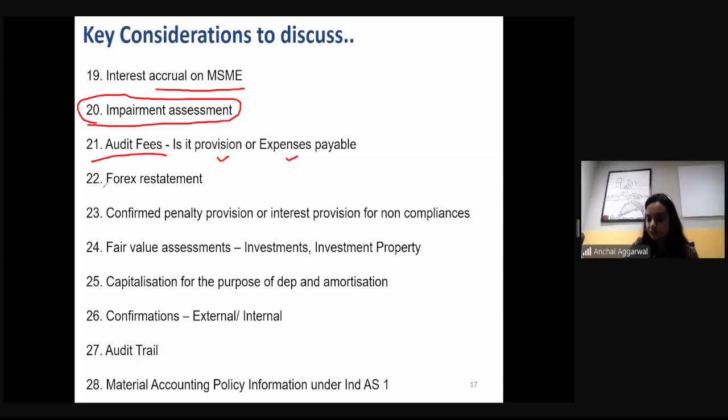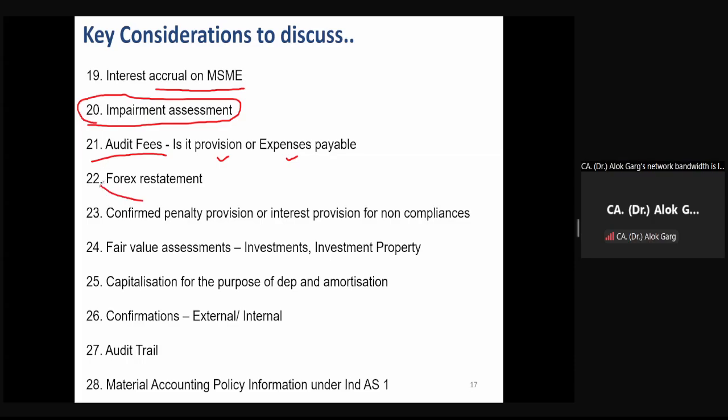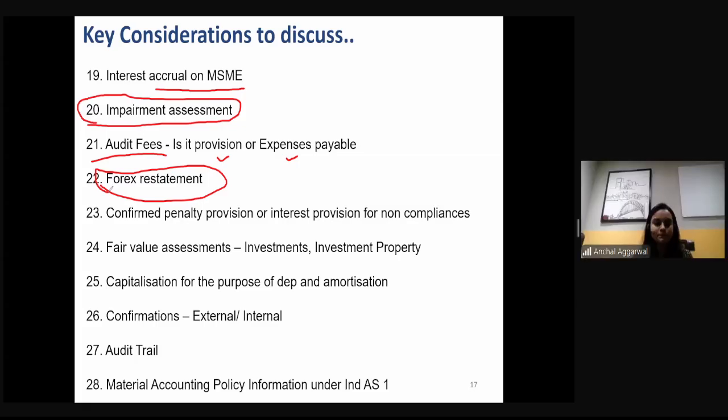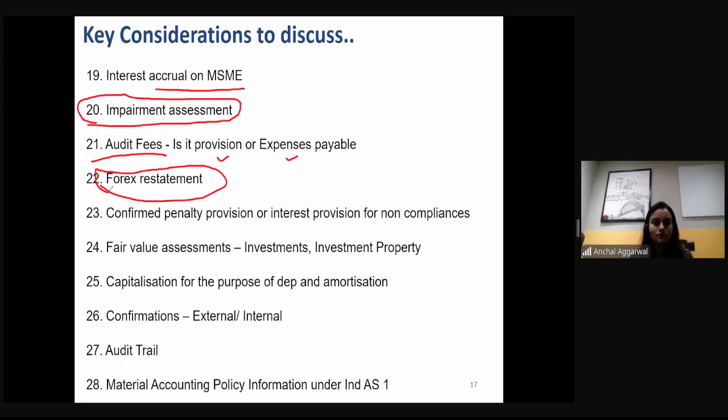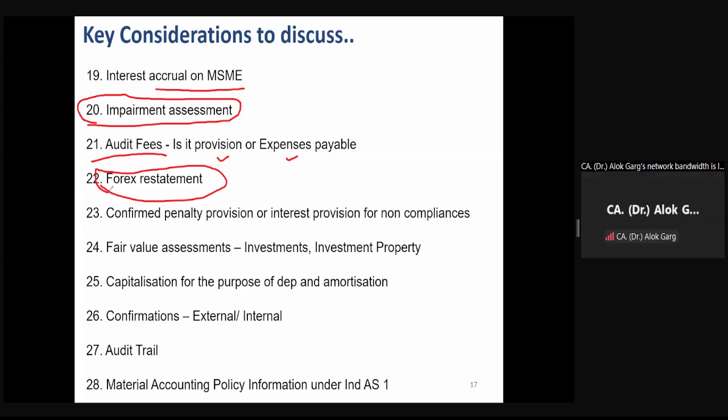Forex restatement. Friends, if your client or the entity is dealing in forex, I mean the company is into forex transactions, for example a lot of import and export, then as per the provisions of the accounting standard, the monetary items in the balance sheet have to be restated, and the non-monetary items are not required to be restated, correct?